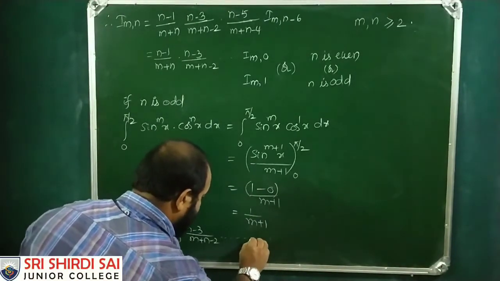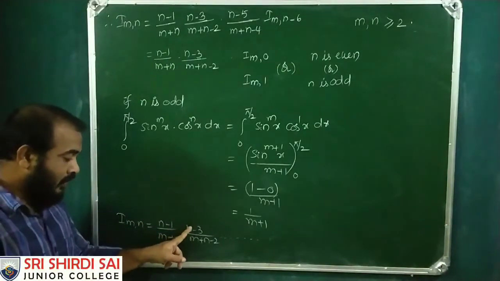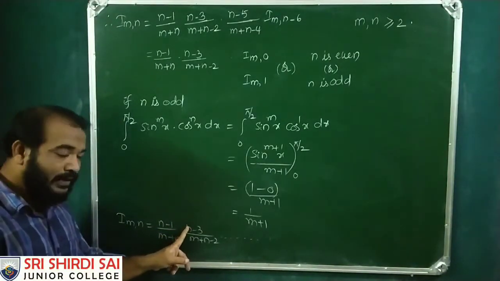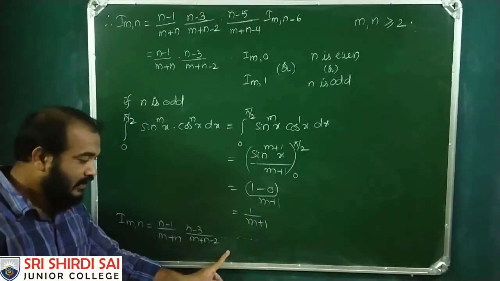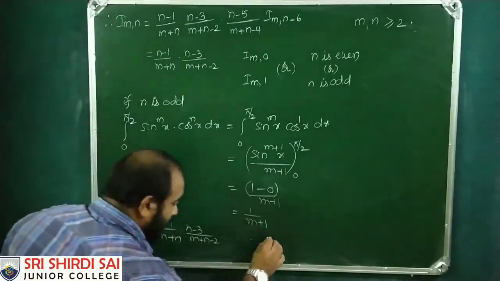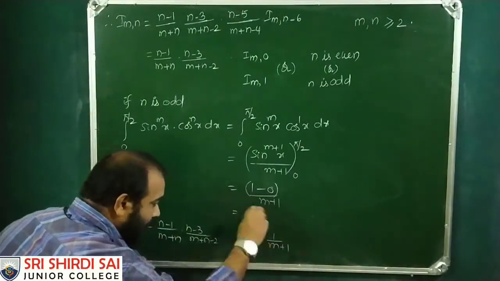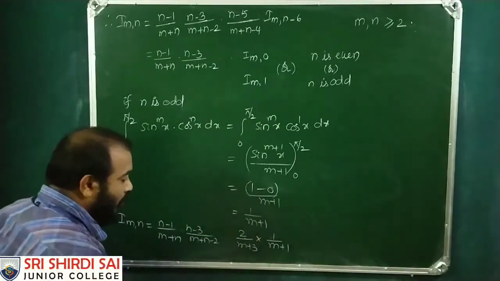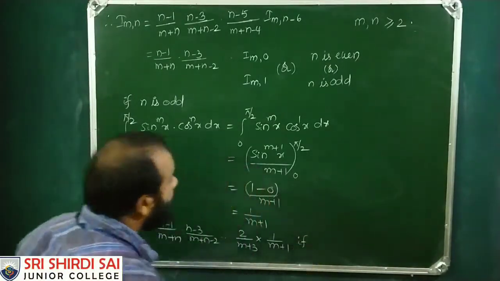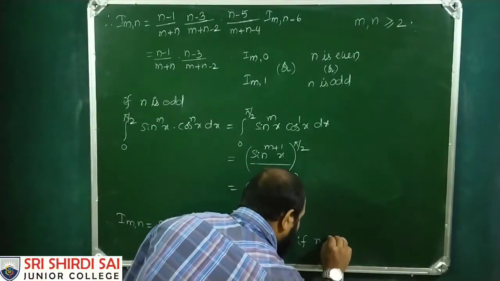If we decrease the factors successively by 2 in the numerator as well as the denominator, the last term will be 1/(m+1). The previous term of this will be 2/(m+3). This is all if n is odd.